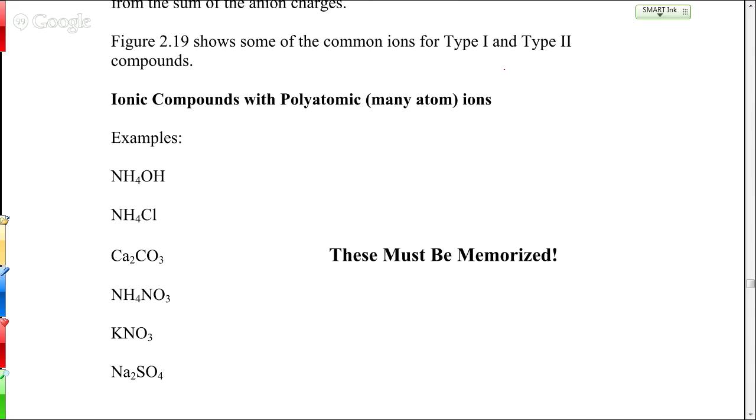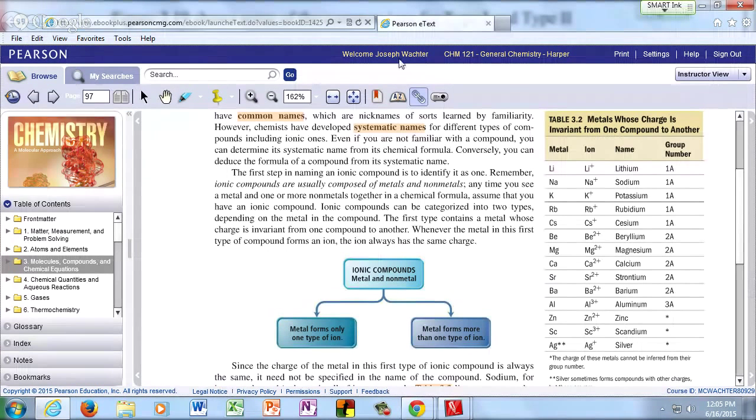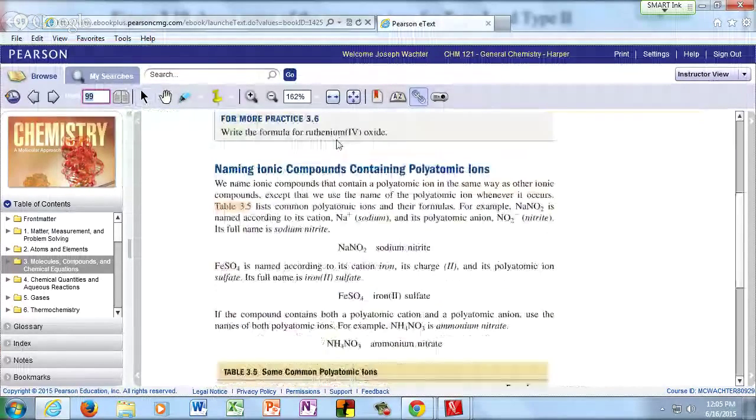And so there's a table on page 99 of the ones that you should know. Probably some of these you already know. Hopefully some of these you already know.